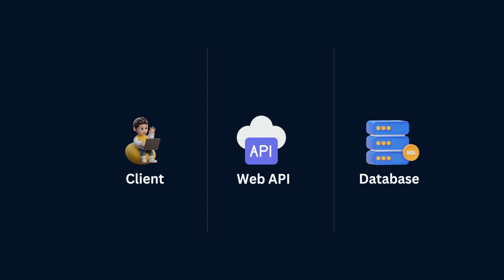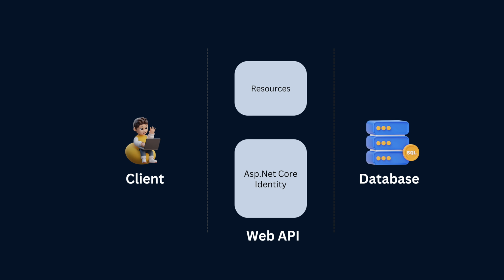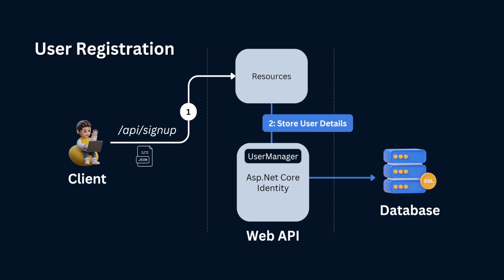Now for better clarity, I will split the Web API into two parts. So first of all, resources, you could think of them as various web methods inside the Web API. And then we have the framework ASP.NET Core Identity. Now in the previous video, we have discussed user registration, in which we have created a new user or new identity in the identity solution that we have.